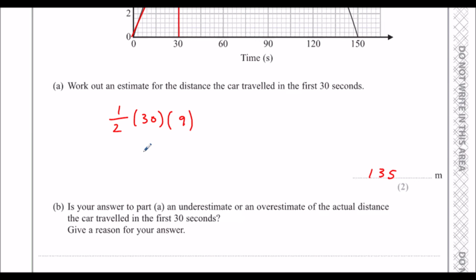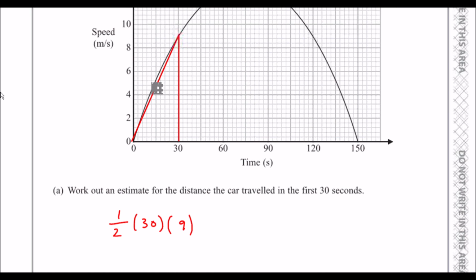Part B. Is your answer to part A an underestimate or an overestimate of the actual distance the car travelled? Give a reason for your answer. So we can see it's an underestimate because the curve goes over the triangle. There's part of the curve not included in the triangle.